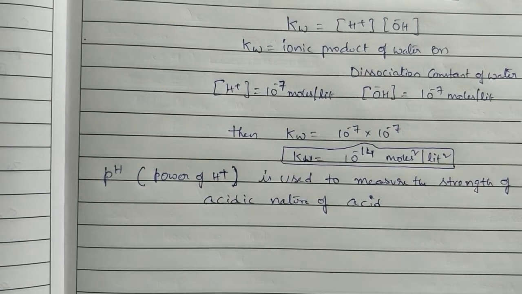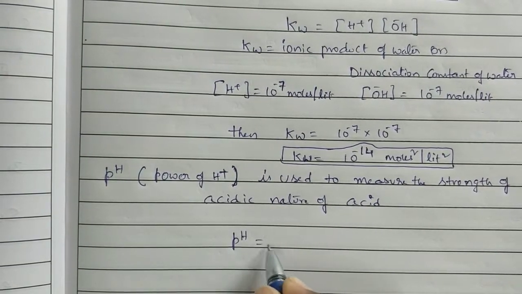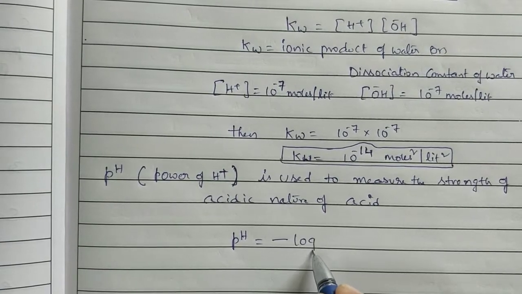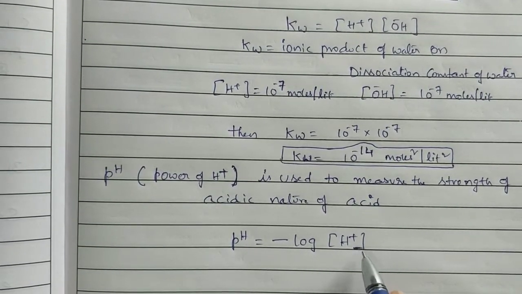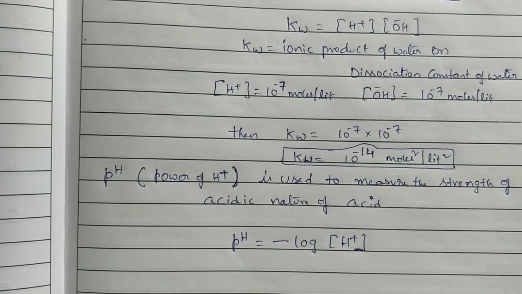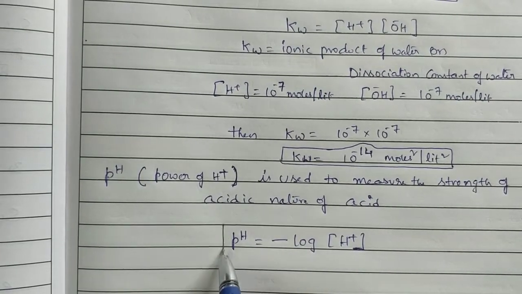Okay, we have a formula for pH, that is pH is equal to negative logarithm of concentration of H plus.